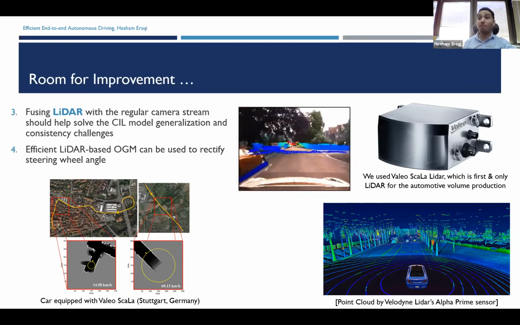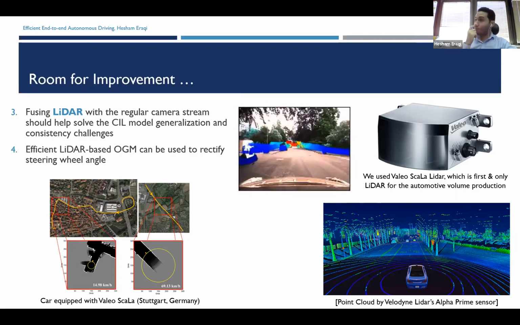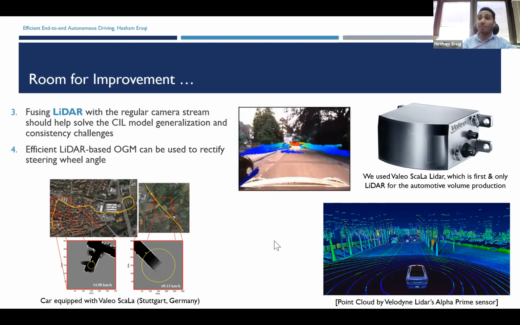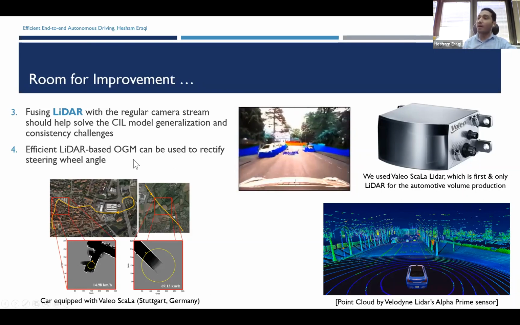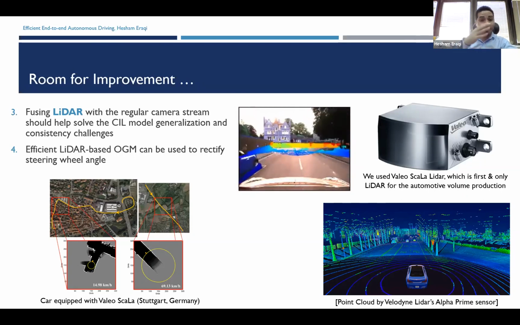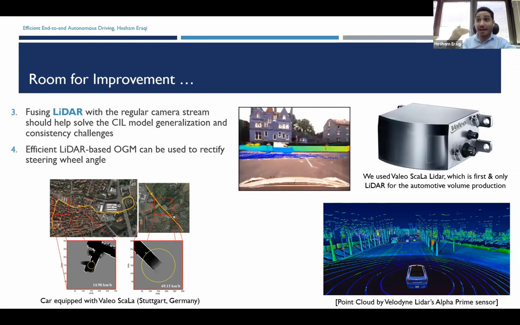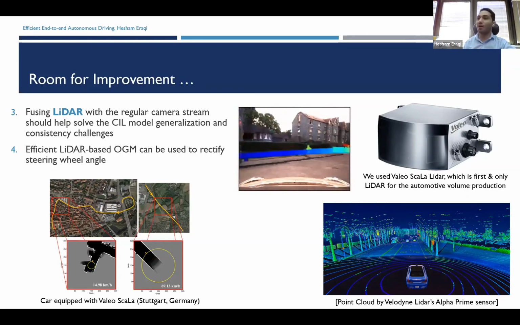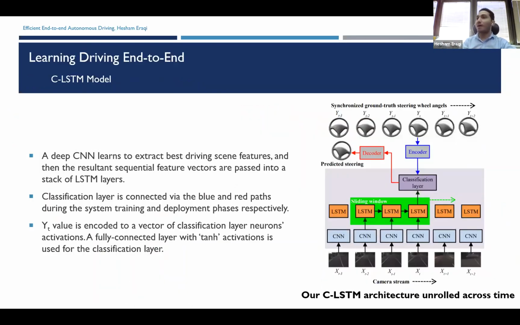And also borrowing from classical techniques like occupancy grid map, with some advantages that can let us rectify the final output predicted end-to-end from the neural network, can even further improve the problem. As we can see in this model that we proposed a few years ago, we propose a model that can learn the temporal dependencies of driving by adding an LSTM layer after the CNN.